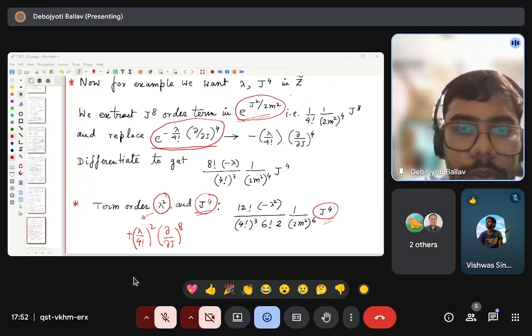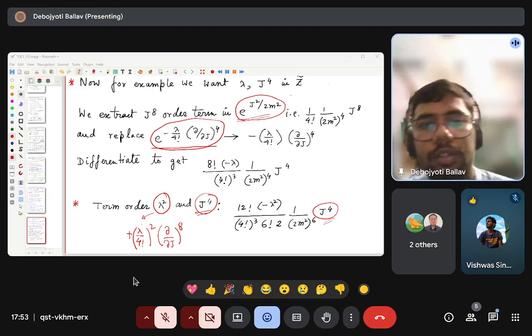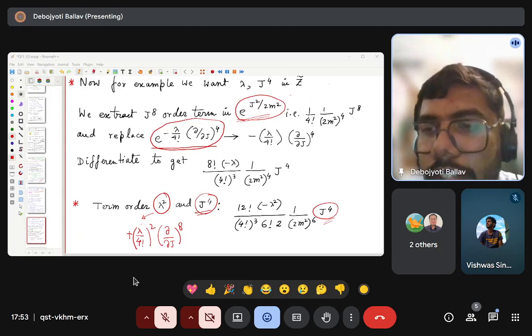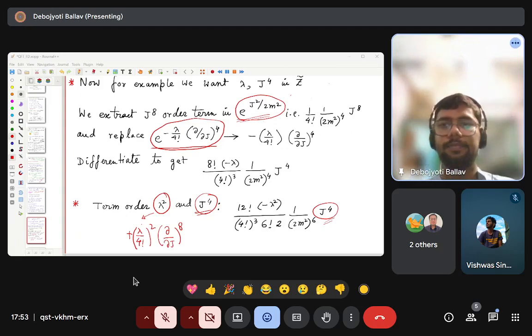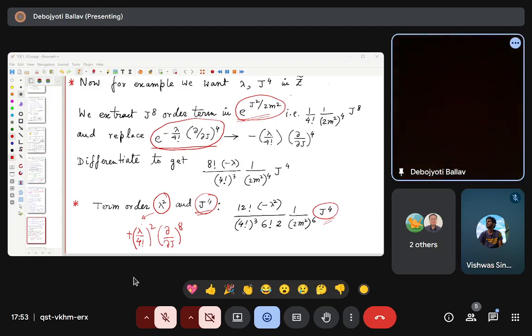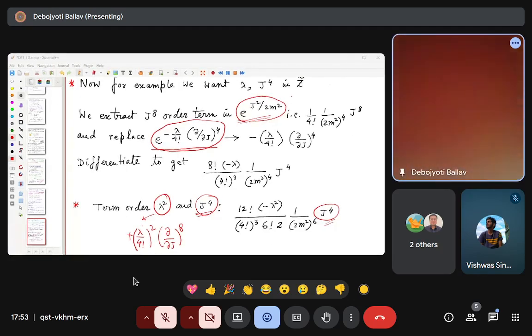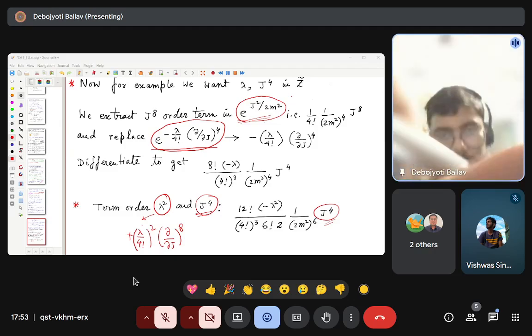So which order term will you take for j from this exponential, such that at the end you will get 4? It's just arithmetic. Tell me. So you have an 8th order term. It's just 12. So you have to take a 12th order term, no?